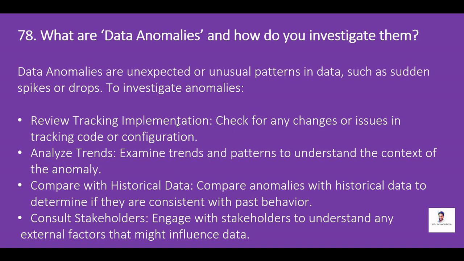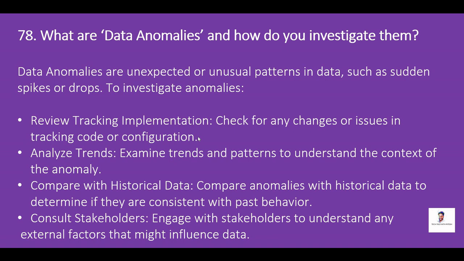Next question is, what are data anomalies and how do you investigate them? Data anomalies are unexpected or unusual patterns in data, such as sudden spikes or drops. And to investigate anomalies, review tracking implementation. Check for any changes or issues in tracking code or configuration.